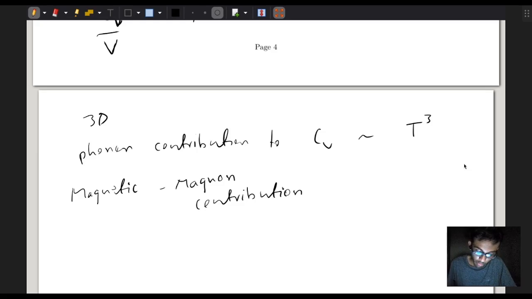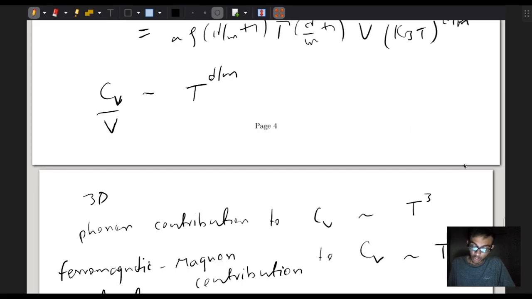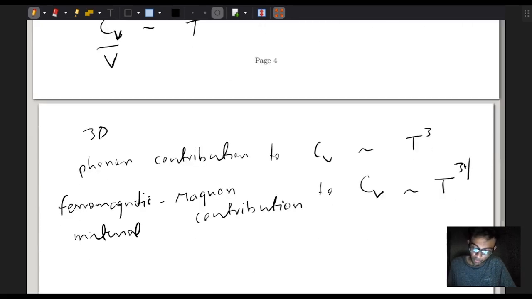So this magnon contribution, we write ferromagnetic, is proportional to T to the 3/2.